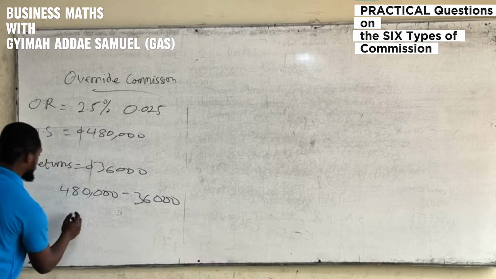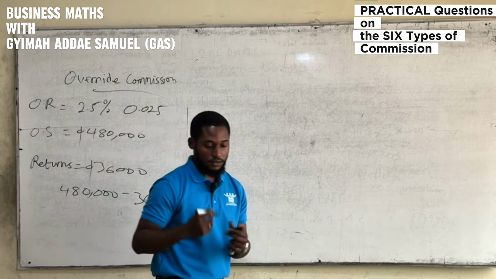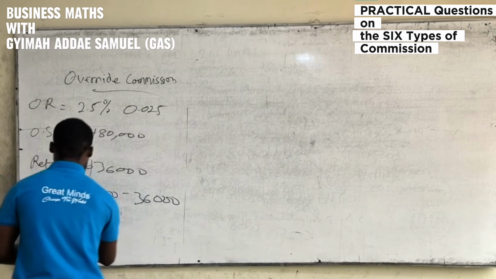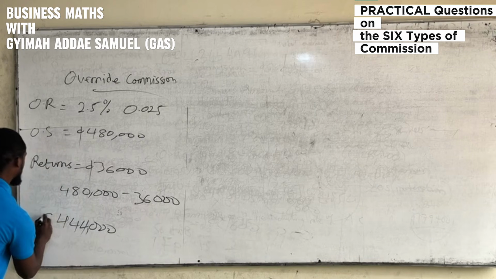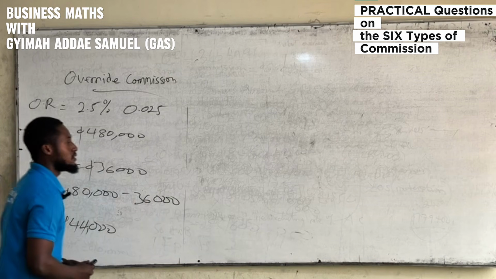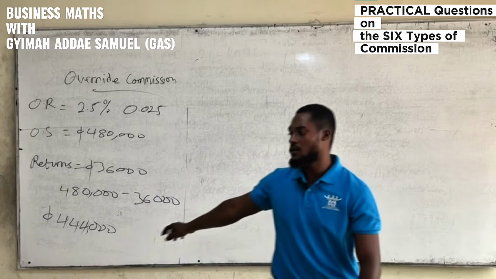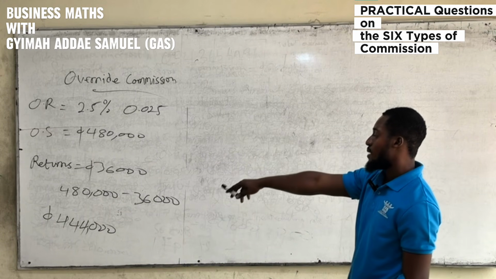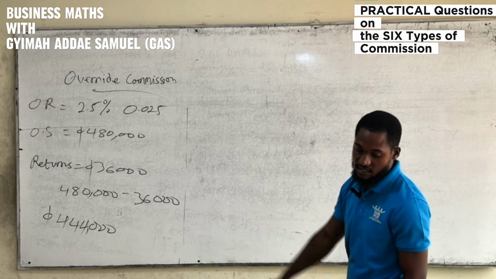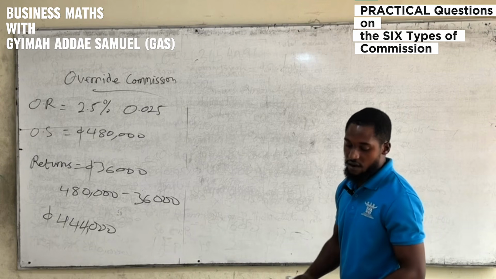And when we do so, we are getting 444,000 Ghana cedis. Now, when we get the 444,000 Ghana cedis, we go ahead to multiply our override rate by the 444,000 Ghana cedis to get our override commission.